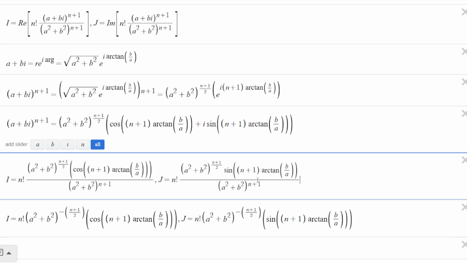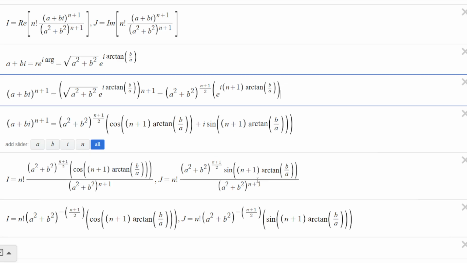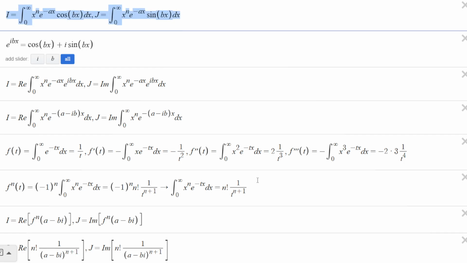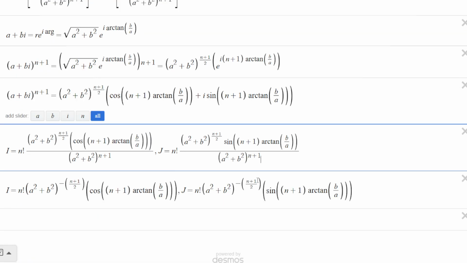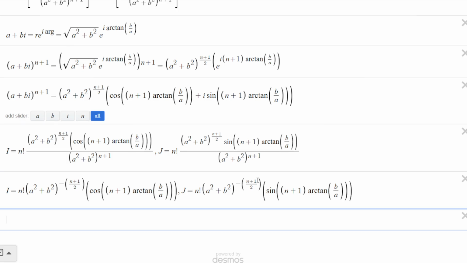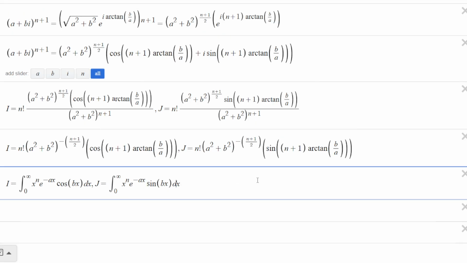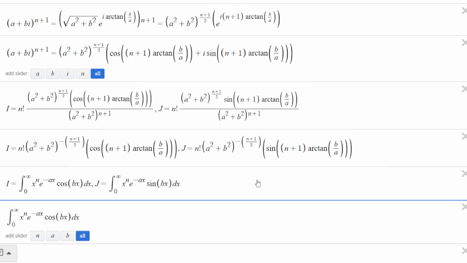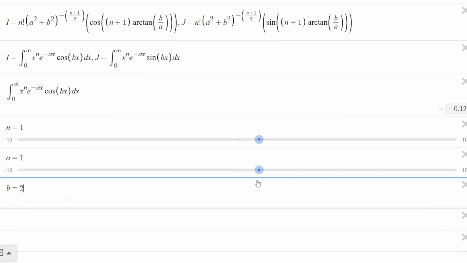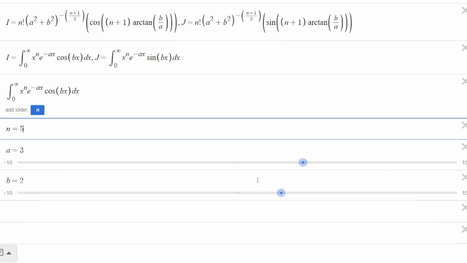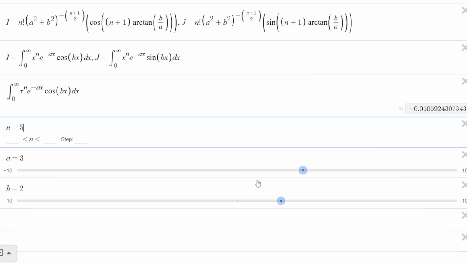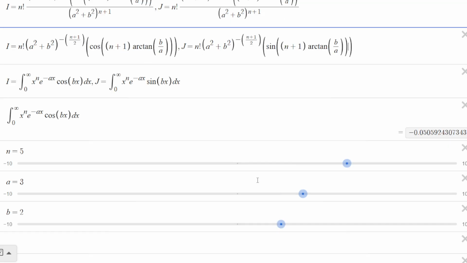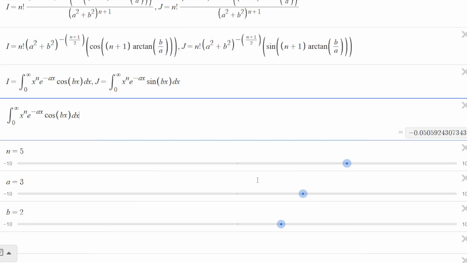Let's see if this worked. What were our original integrals? I and J were this. Let's see if we got the right answer. Let's compare our original integral I, and I'll put in some arbitrary values for n, a, and b, and see if it matches our expression for I. It should.